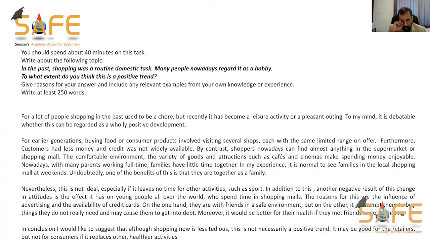Furthermore, consumers had less money and credit was not widely available. At that point of time, earning was less, prices were also less, and the variety was very small. So people did not spend a lot of money in shopping. Apart from this, credit system was very less. People did not get things on credit. Credit cards were also less available.